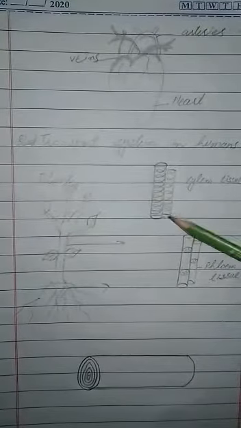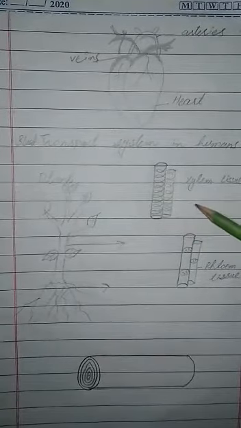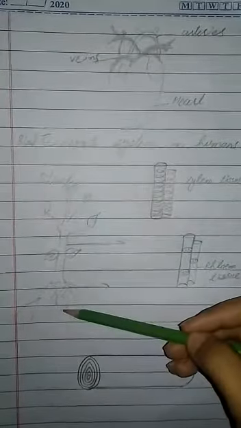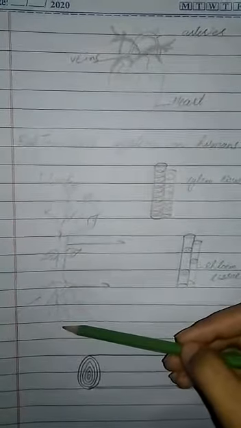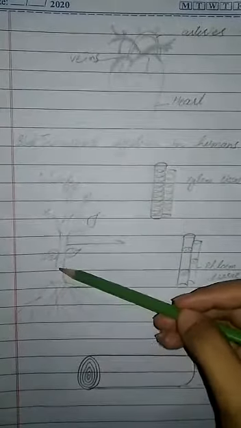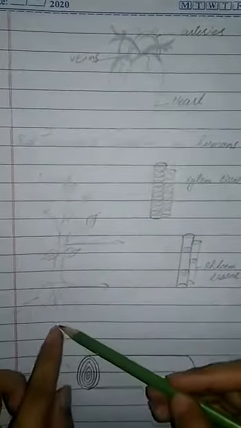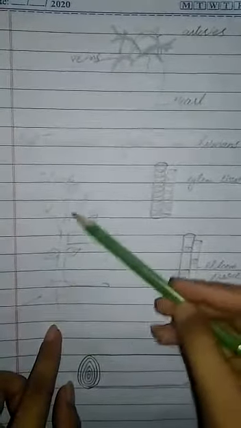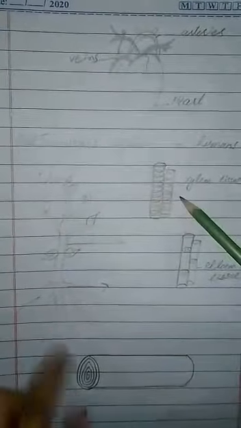So what is the function of xylem tubes? Xylem tissues help in the transport of water and minerals. Roots absorb water and minerals from the soil. These tubes are present in roots and stem, so water is supplied from the roots to all other parts of the plant through these tubes.